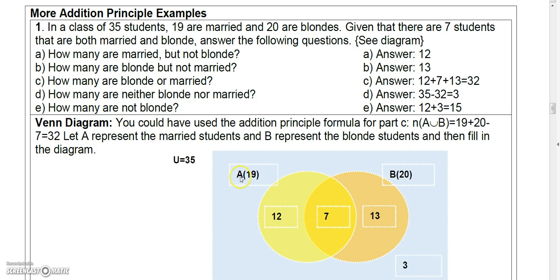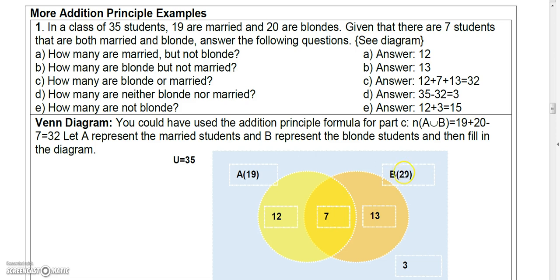If I let A be the married students and B be the blonde students, I have 19 married students, 20 blonde students, and 7 that are both married and blonde. So if I take 7 from 19, that gives me 12 that are married but not blonde.